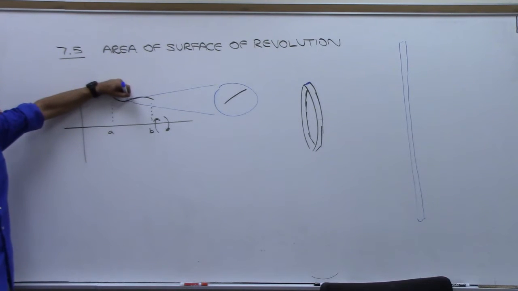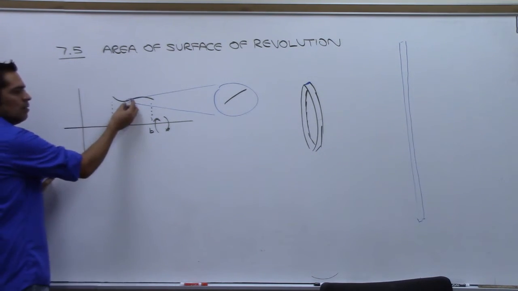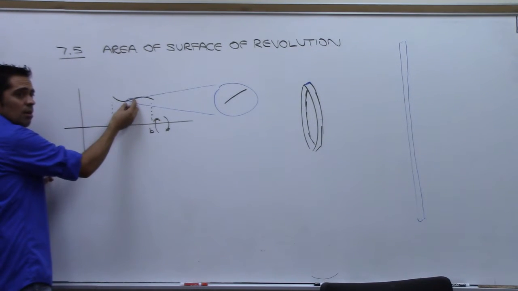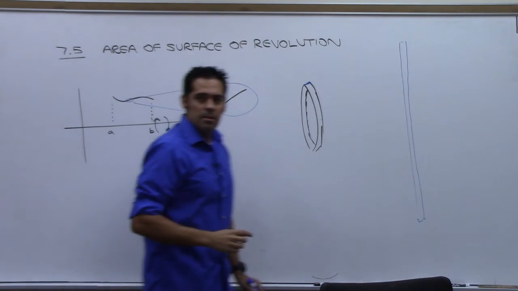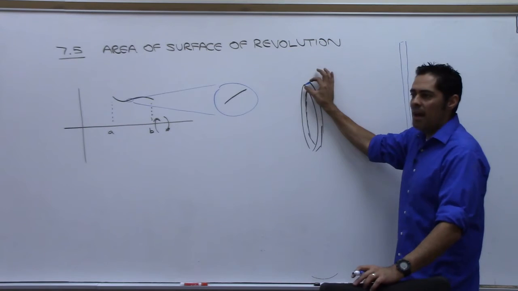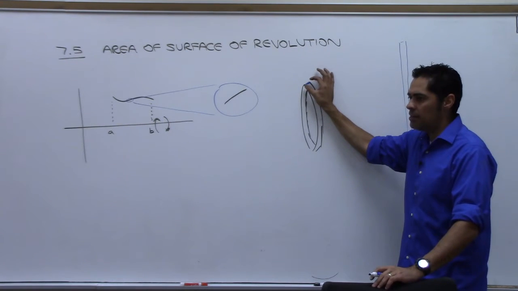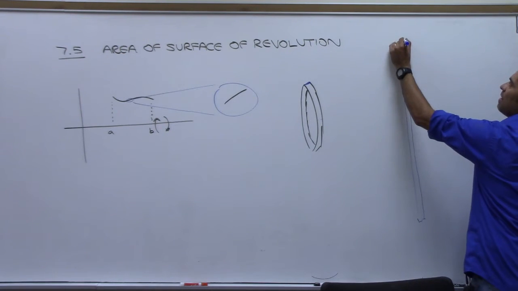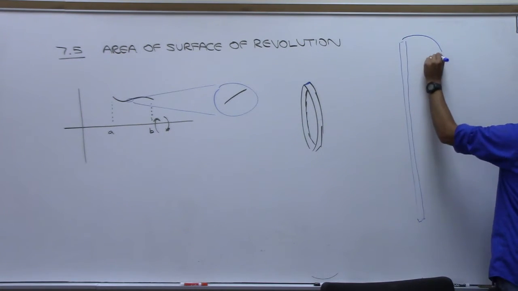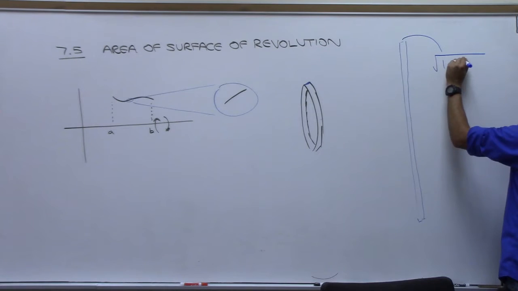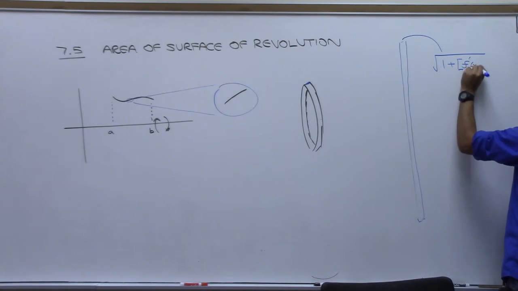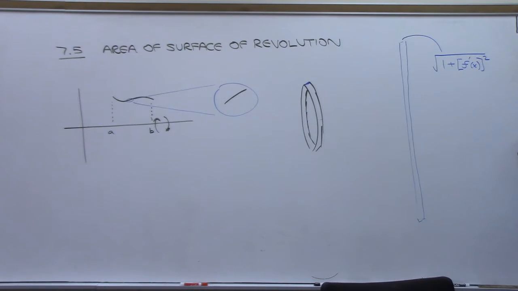Isn't it this little length right here? And what is that little length? Isn't that the little arc length? Yeah. This little length right here is actually the arc length, not dx. So we'd have to use the other formula to get that. So this edge right here is actually the square root of 1 plus the derivative squared.